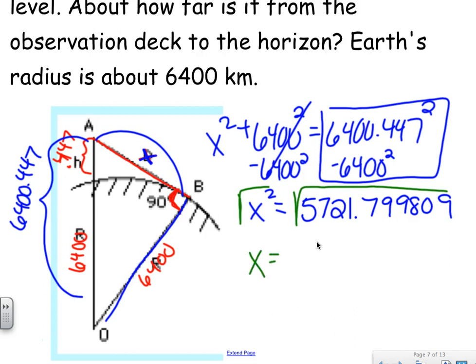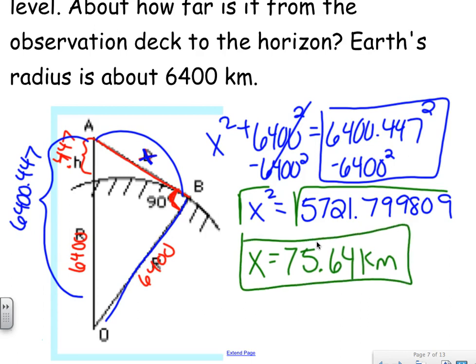So when you type that into the calculator, you should get 75.64, and we are in kilometers. So basically, you can see that far out before you can't see anymore past the Earth, which is pretty cool.